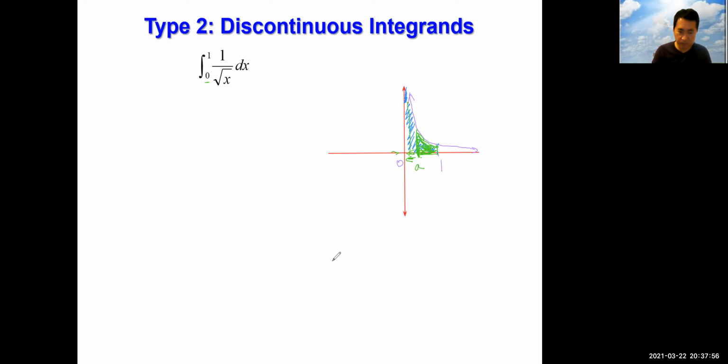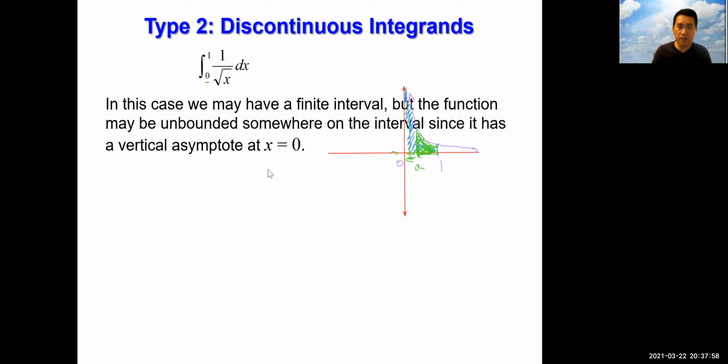All right, so recap. In this case, we may have a finite interval, but the function may be unbounded somewhere on the interval. Here it has a vertical asymptote at x equals 0.